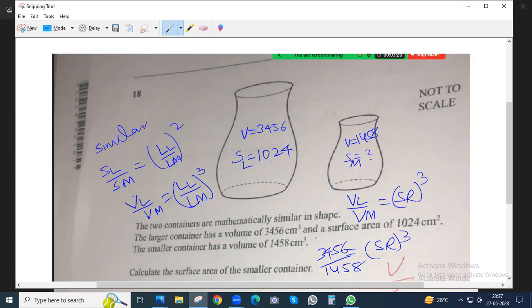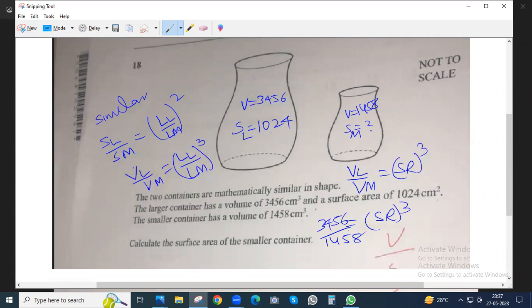Okay, what I'll do is I'll keep this as 3456 by 1458 raised to the power one-third, which is the side ratio. Now the surface area ratio is also equal to the side ratio whole square.